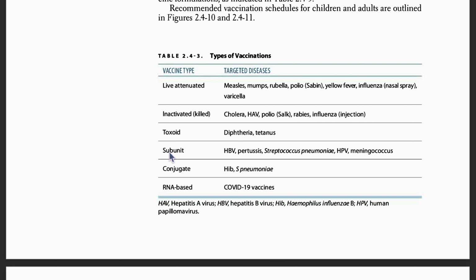Toxoid: diphtheria, tetanus. Subunit: hepatitis B, pertussis, streptococcus pneumoniae, HPV, meningococcus, conjugate HIB. HIB is H. influenzae type B, and S. pneumoniae. RNA-based are the COVID-19 vaccines.